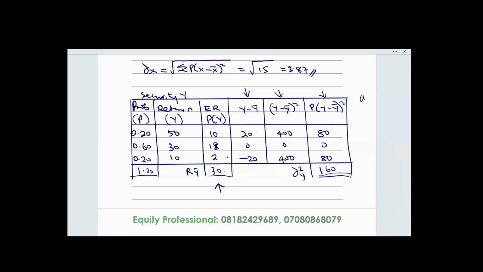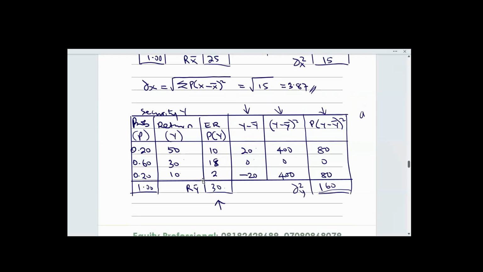P multiplied by Y minus Y bar square: 20% of 400 will give us 80. That's how we got the numbers. I believe that is clear. Are you clear, or you still have concern? It's okay. Thank you, sir.